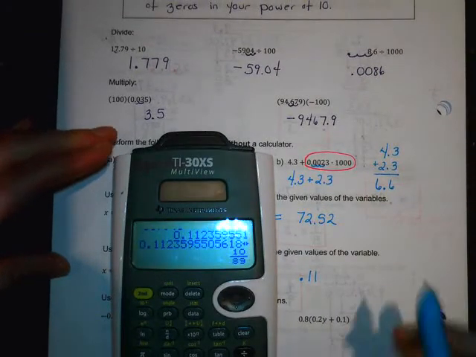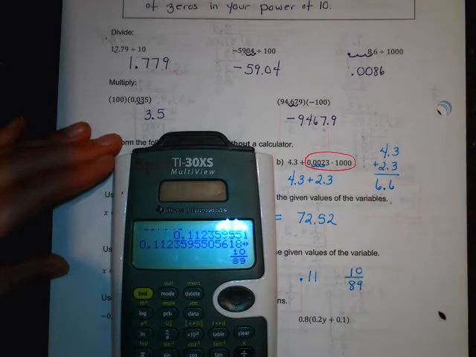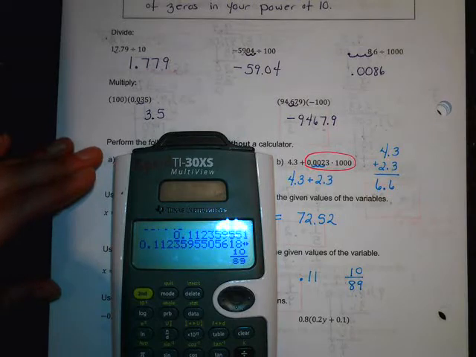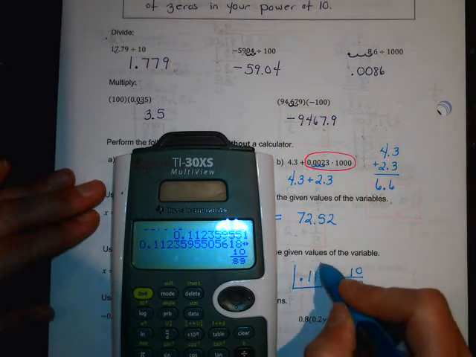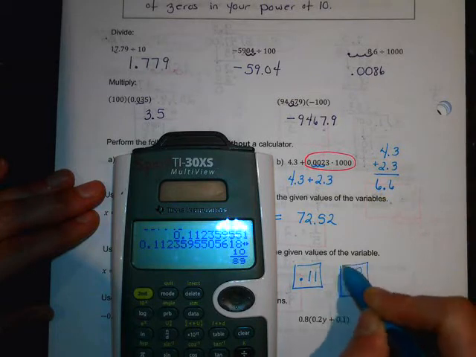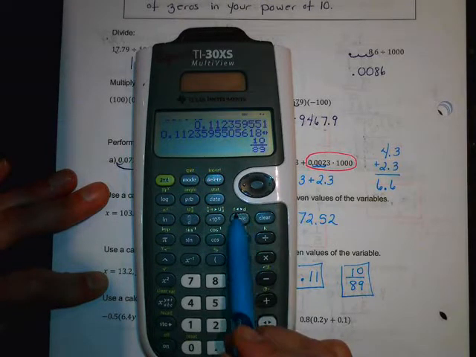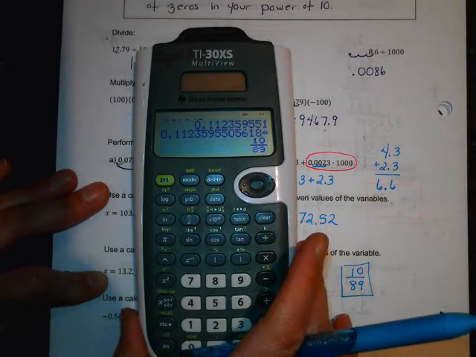So just be careful on my math lab how they want you to write it. If they say a decimal rounded to a certain number of places, that would have been good. If they said they want it as a fraction, hit that change key so that it rewrites it in a different form, and there's my fraction. If you don't have the change key, then you use the F to D key that goes back and forth between a fraction and a decimal.